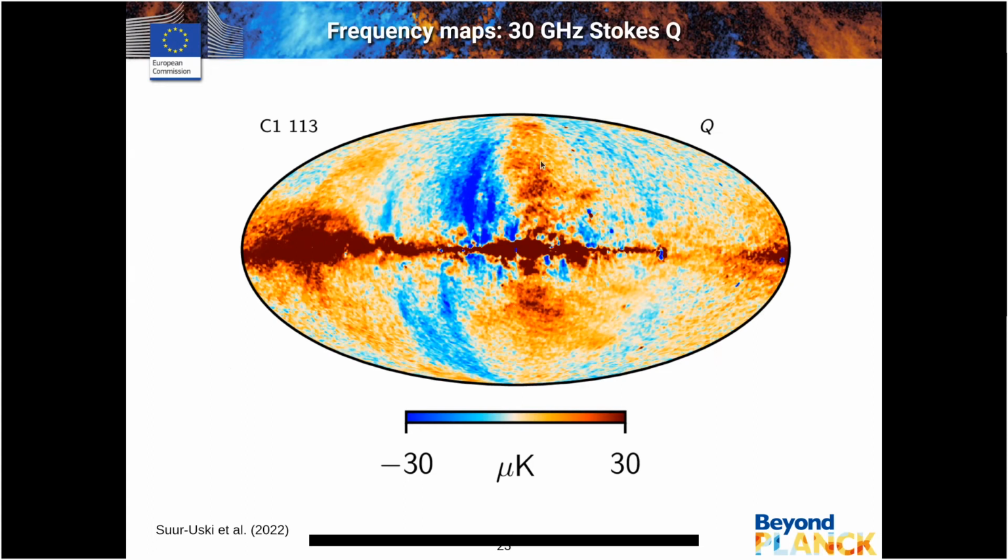All of these are statistically consistent estimates of the map at 30 gigahertz, and they allow you to do statistics on this map and get data-driven errors in that way.